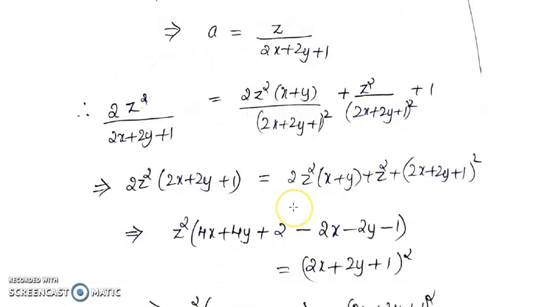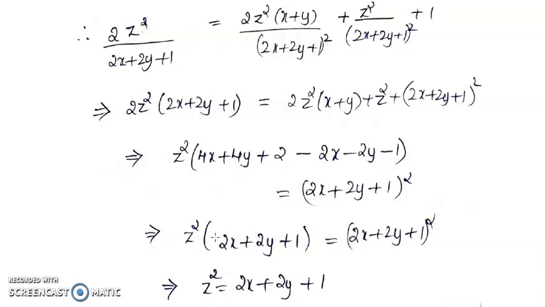Taking z square common, you will get z square into 4x plus 4y plus 2 minus 2x minus 2y minus 1. When we take these two terms to the left, it becomes like this.